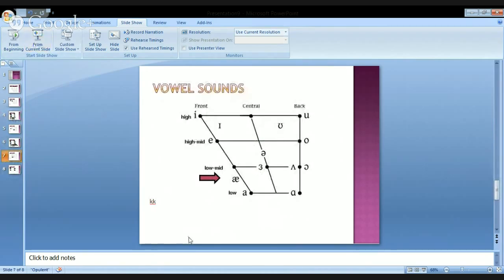And then the last one is kind of a strange sound because you don't have it in Spanish. Your jaw is down pretty far and your tongue is in the front of your mouth, almost touching your front teeth. Try to put your tongue a little bit more forward though.